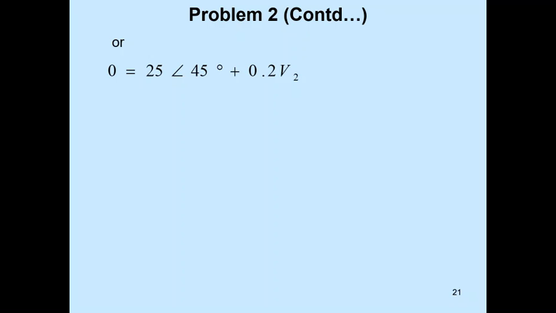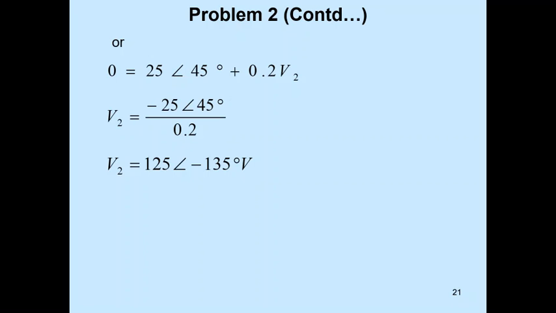Then V2 is equal to minus 25 at an angle of 45 degrees by 0.2. So that is equal to 125 at an angle of minus 135 degrees. See, minus means it is 180 degrees, and it is plus 45, so 45 minus 180 degrees.